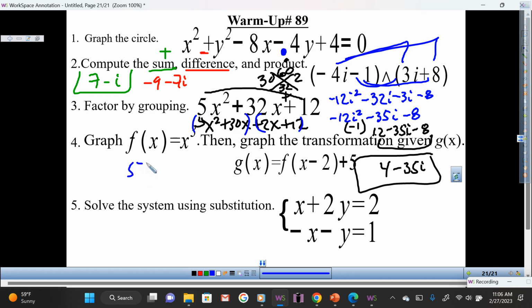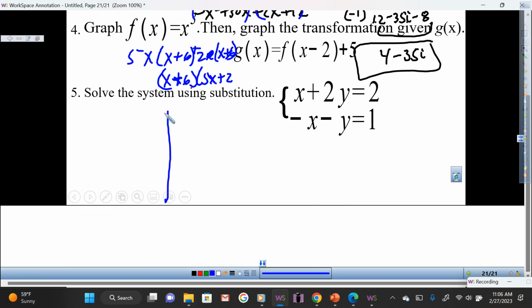GCF is 5x, and we're left with x plus 6. GCF for those two is 2x, and we're left with x plus 6. Factors are x plus 6 and 5x plus 2.